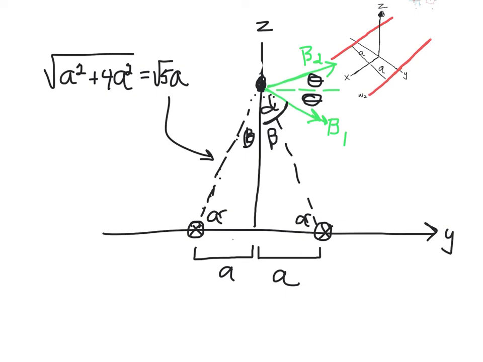And if this line here and this, the y-axis and the z-axis are perpendicular, and this is alpha, then theta has to be equal to beta.